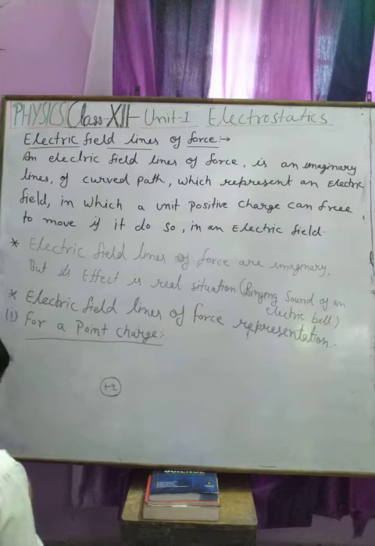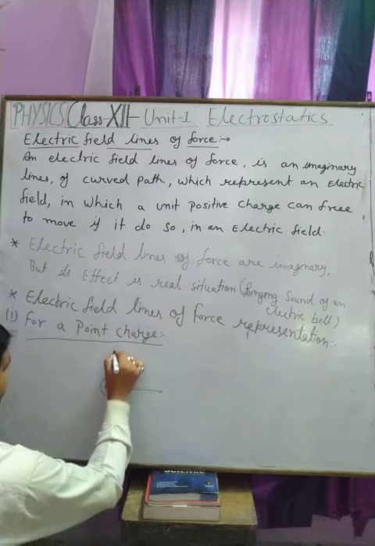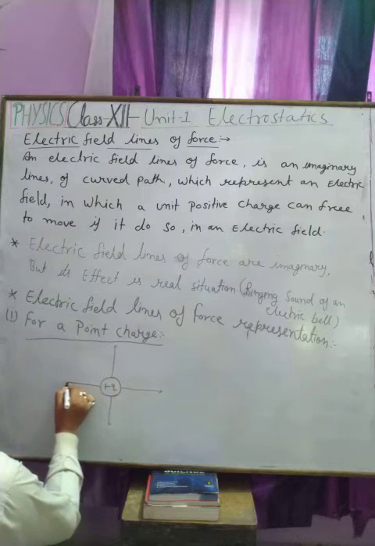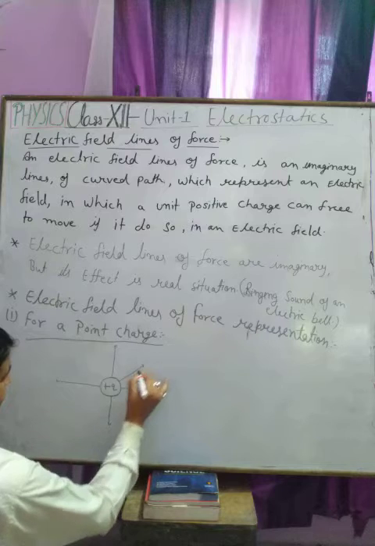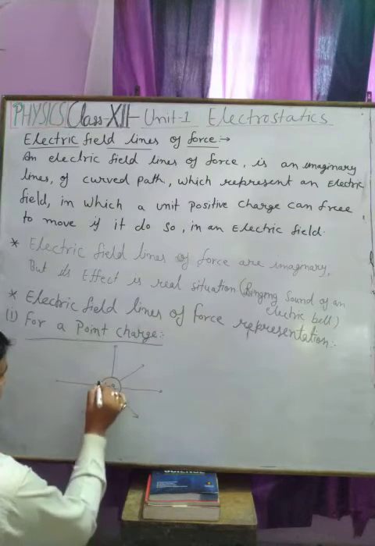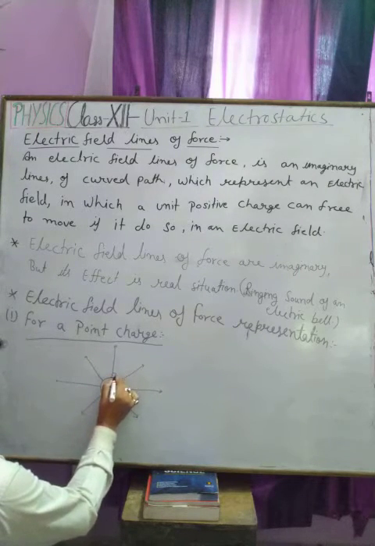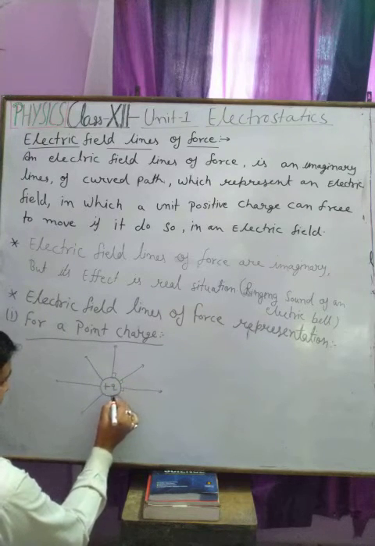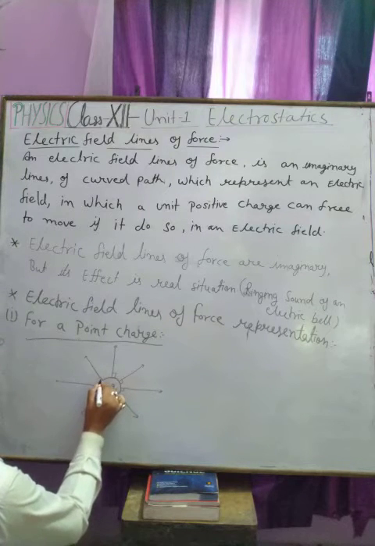Student, we find the field lines for this positive charge emanate from the charge in all directions, and the field lines originate perpendicular at every point.